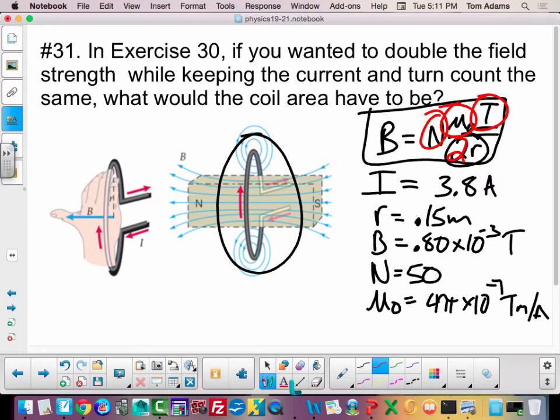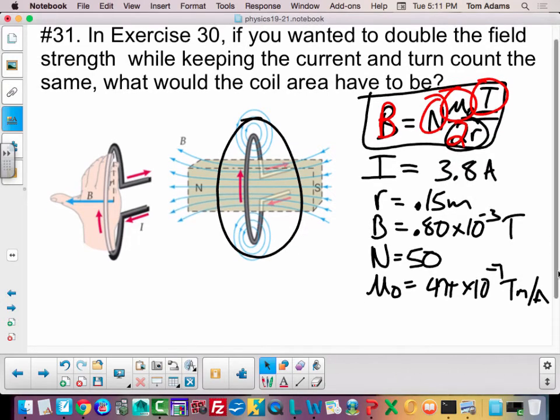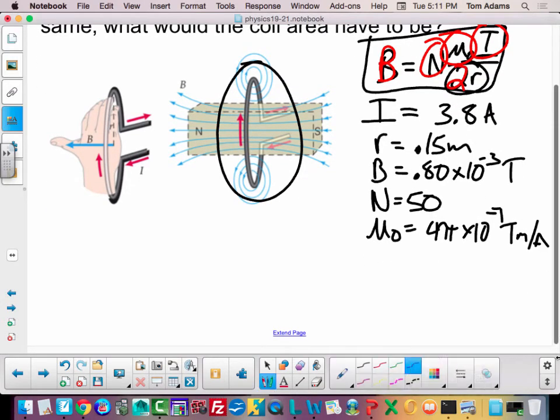So now if I want to double B, and I'll show you how to do this algebraically. I guess I didn't need to write the numbers, but I did. So I have B equals N mu naught I all over 2R. And now I want to double this number.